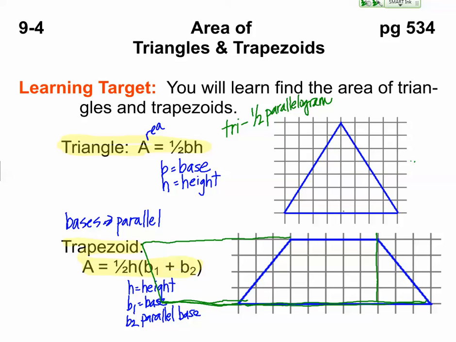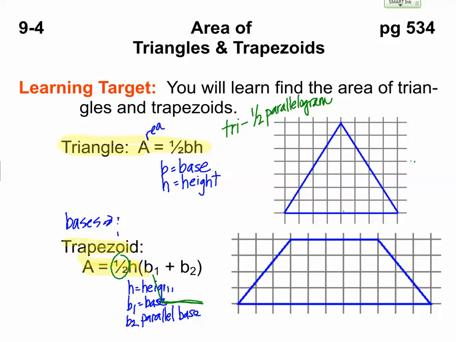But because I'm not looking at two trapezoids, we have to take half of this value. So if you just recall that two trapezoids, just like two triangles, create a parallelogram, that's where these formulas come from.